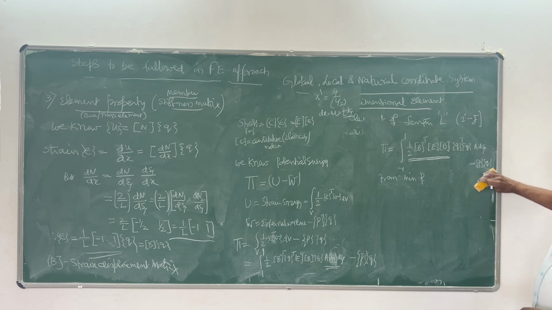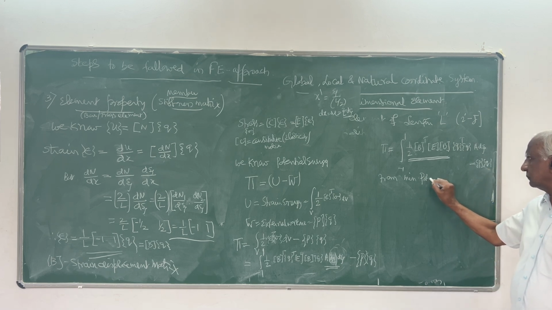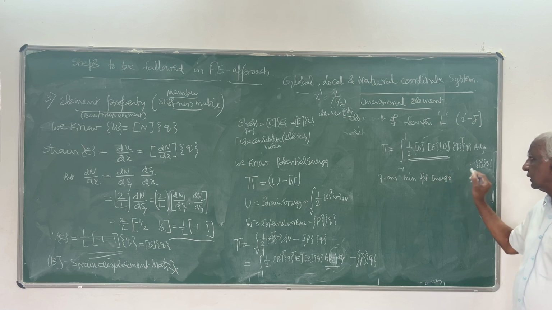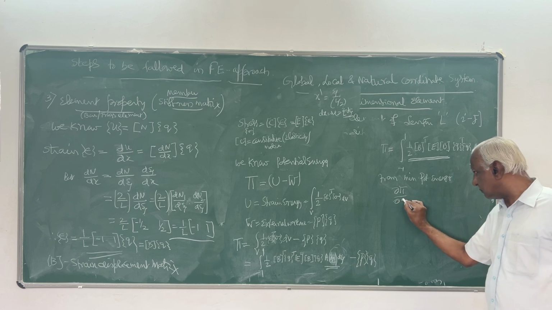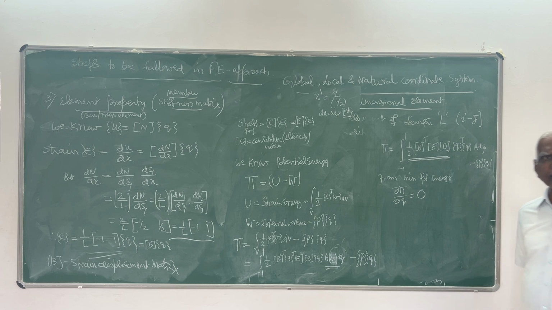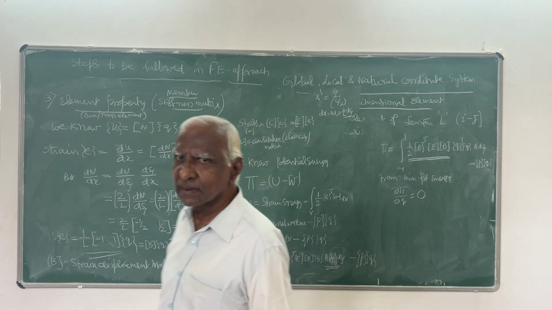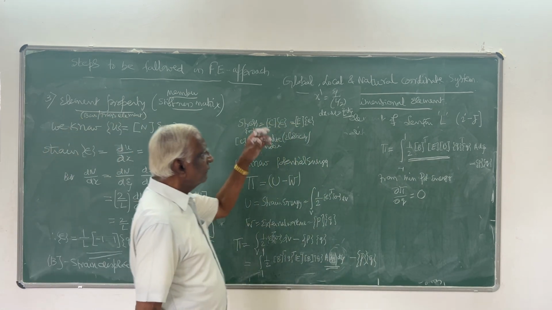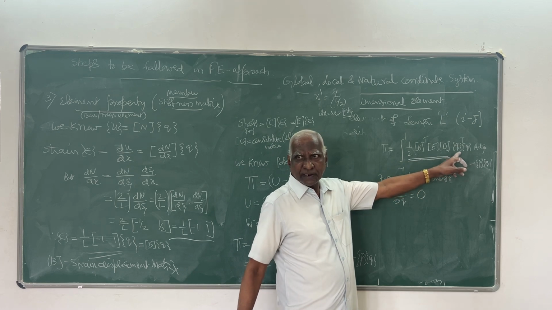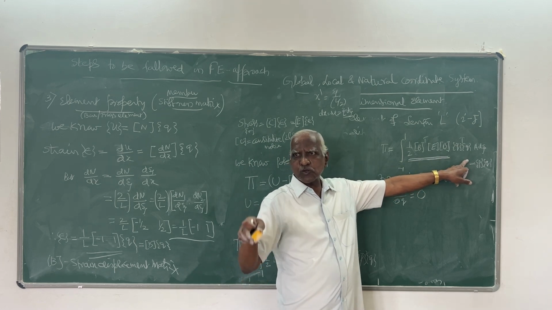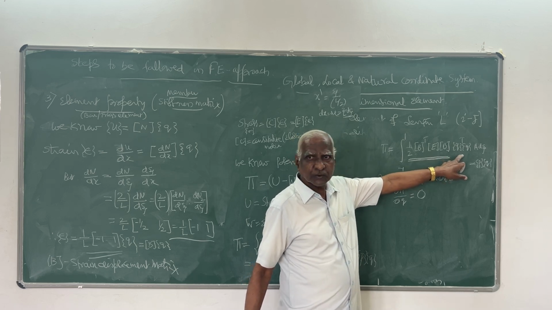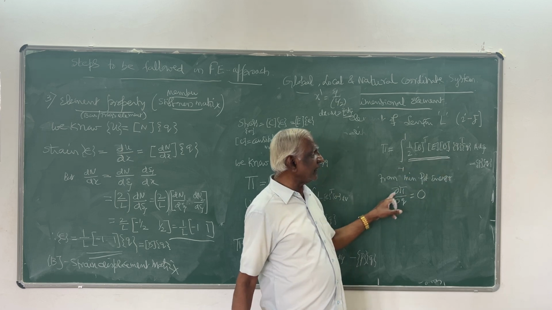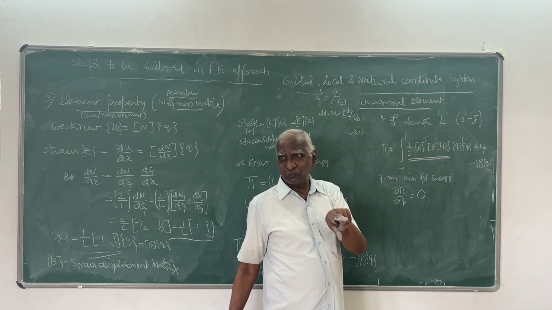So now from minimum potential energy, the partial derivative of this with respect to the Q variable has to be minimum. Minimum means the first derivative must be 0, the first derivative with respect to displacements. Here Q transpose into Q is Q squared. The derivative of Q squared is 2Q.